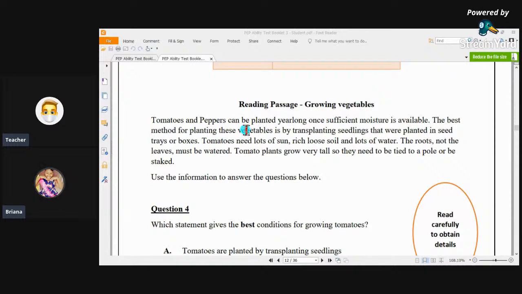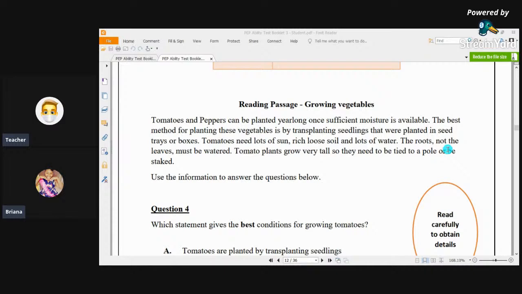Tomatoes, growing vegetables. Tomatoes and peppers can be planted year long once sufficient moisture is available. The best method for planting these vegetables is by transplanting seeds that were planted in the seed trays or boxes. Tomatoes need lots of sun, rich loose soil, and lots of water.